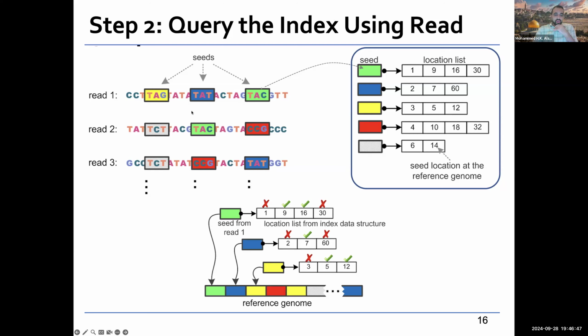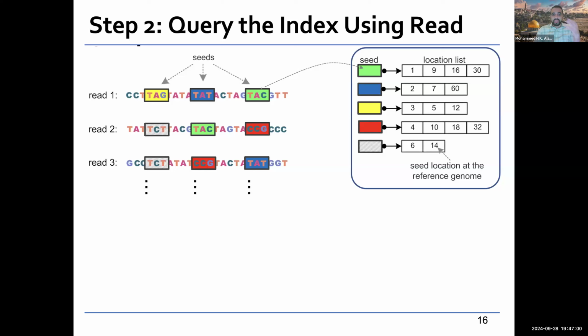However, what we do now with the seeding is that we extract the seeds, which could be apart from each other. So there is a gap between every two seeds. This gap means that we have not checked it yet. What we checked is the exact match of the seeds.